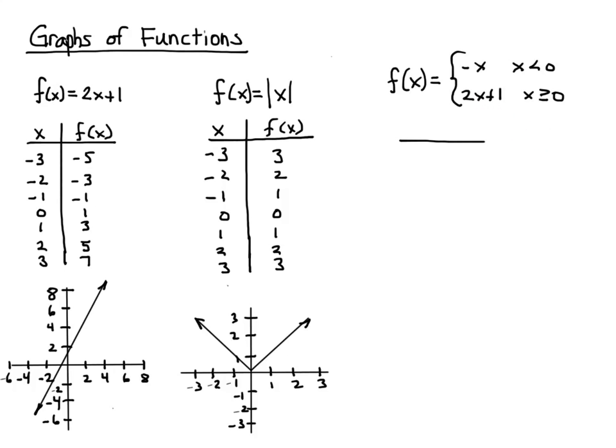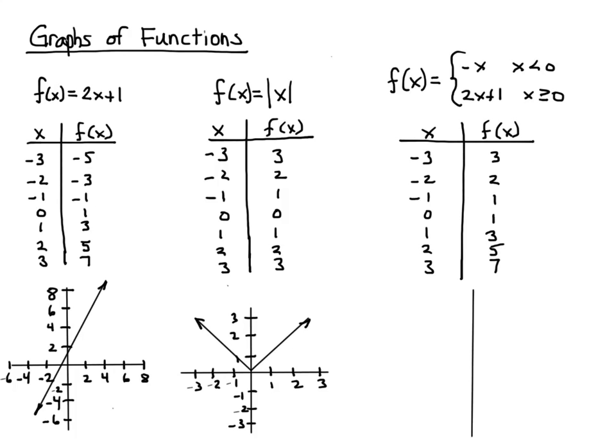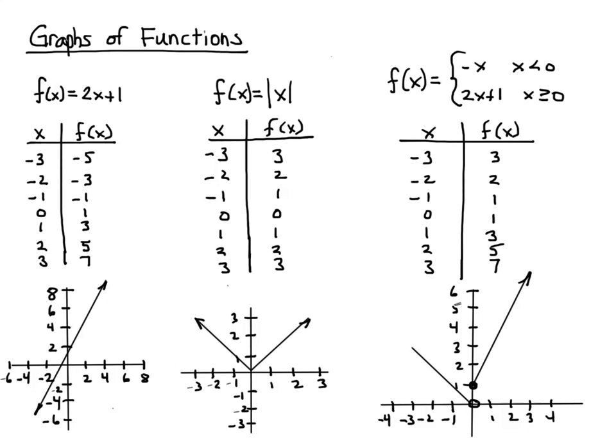All right, so I do the same thing, make up my table, and then I make up a graph. Now the graph is going to look a little different. It's going to be disconnected. You can see right down here. So this part of the graph, when x is greater than 0, it's going to be this line.